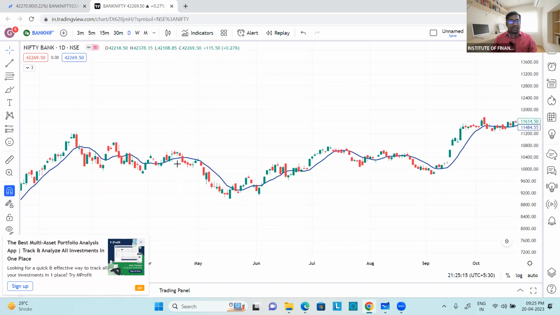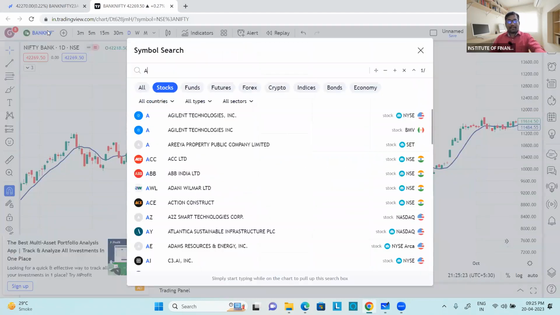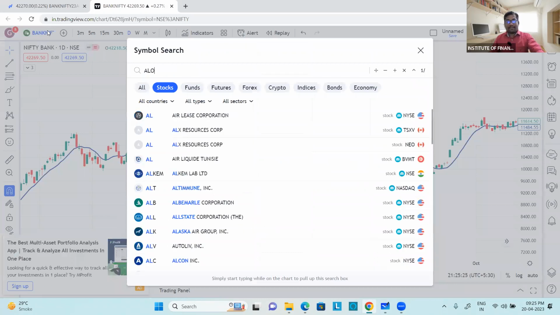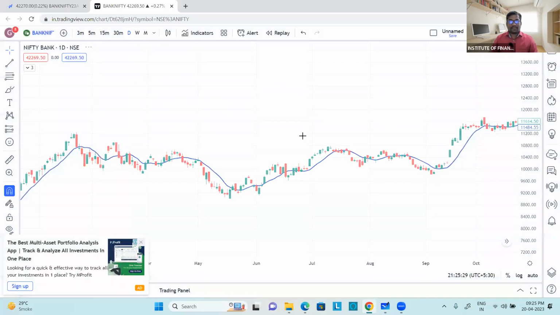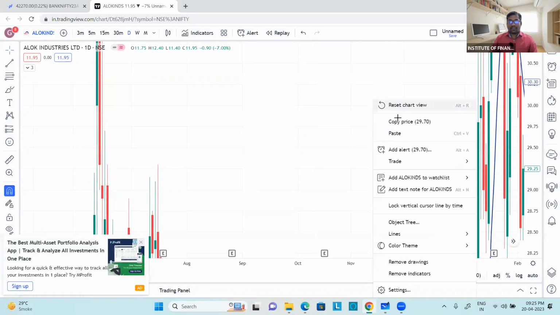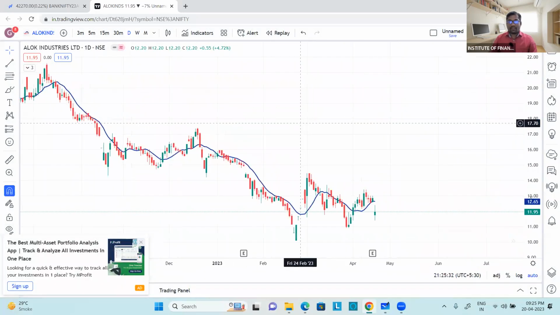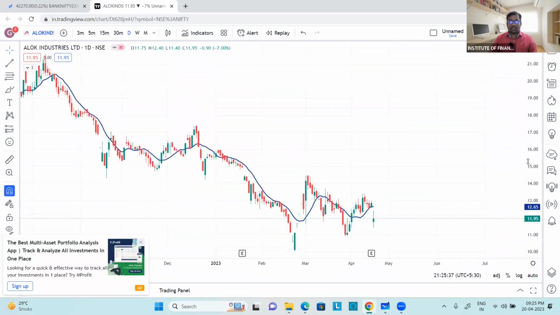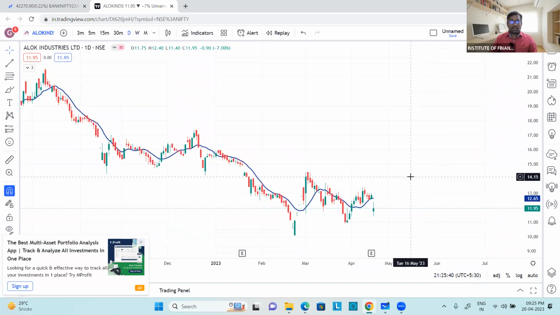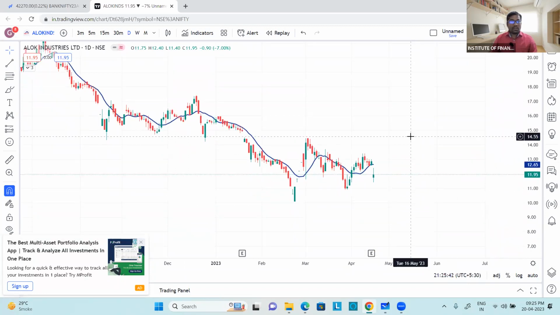It is 20 SMA. 20 SMA. Alok Industries. What happened in this? What, Naveen?